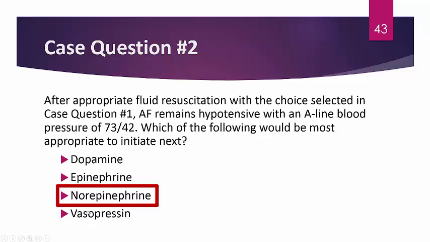Vasopressin is second line. Epinephrine is more of a third line agent, and remember dopamine is recommended last line, but it may be recommended particularly if your patient has some kind of niche bradycardia, because you may be able to benefit that patient by using the beta effect of dopamine.